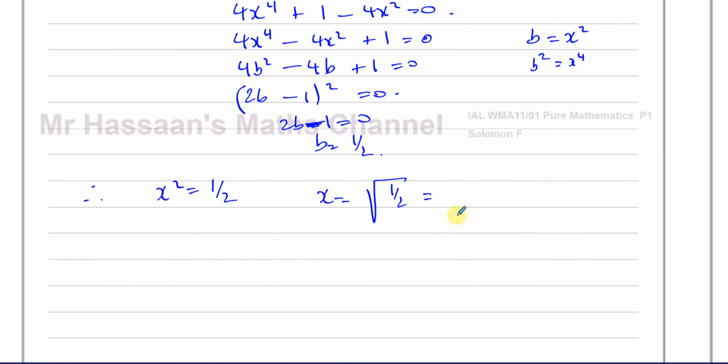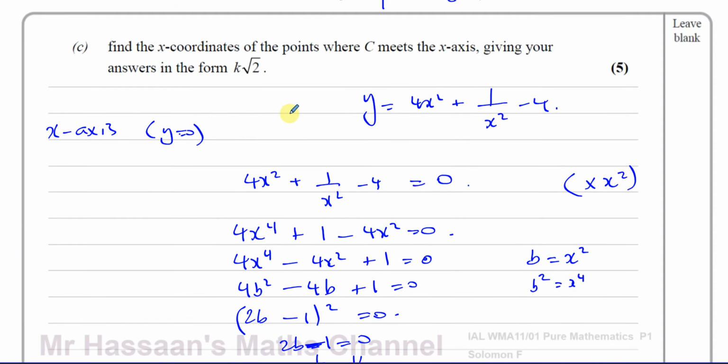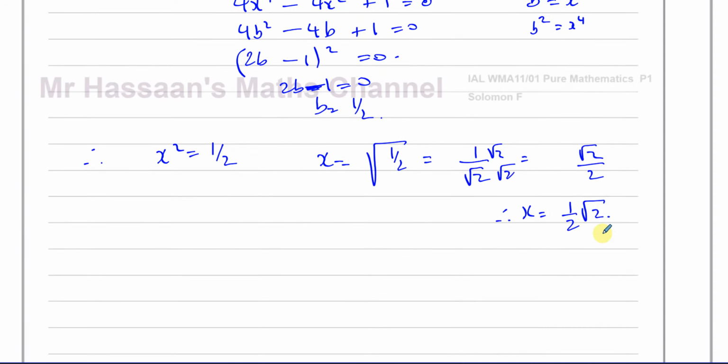So this is like 1 over root 2. If I multiply the numerator and the denominator by root 2, I end up with root 2 over 2. So we can say x is equal to 1 over 2 root 2. So in the form k root 2, k is a half, x equals half root 2.